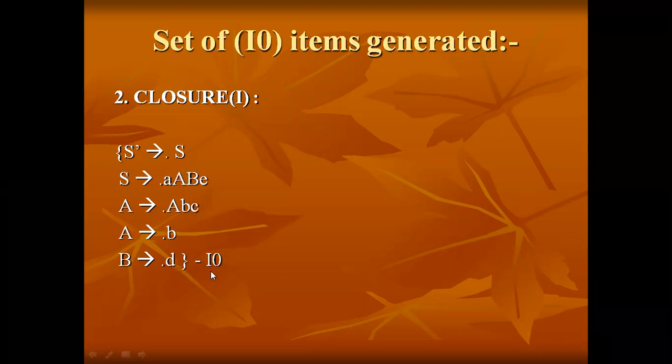I am starting my item numbers with a 0 sequence. This overall set of rules can be defined with a single number, that is item number 0, right? Is it clear?